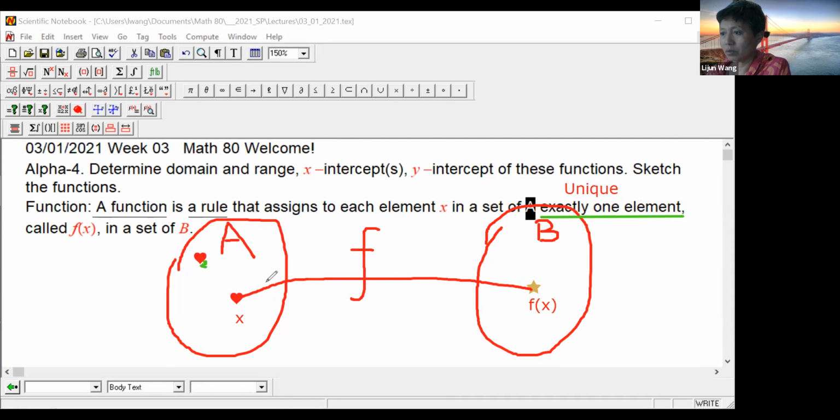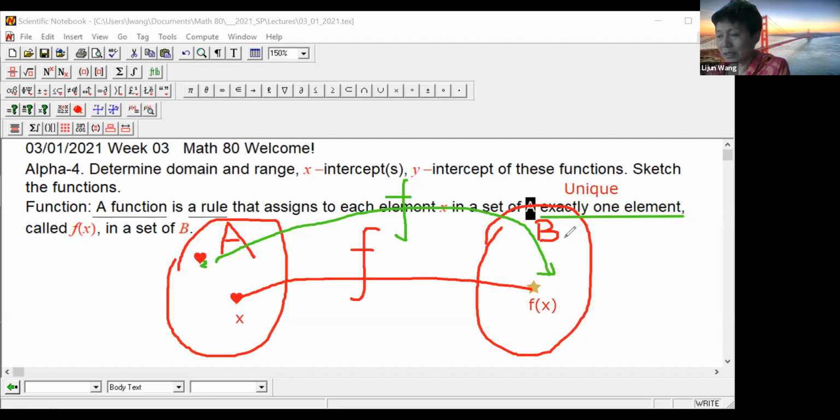Element number 2 will also have an assignment. It gets to the other set following the same rule. And that will be exactly one as well.